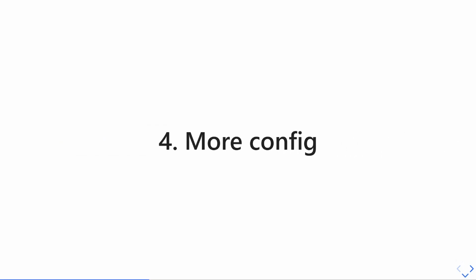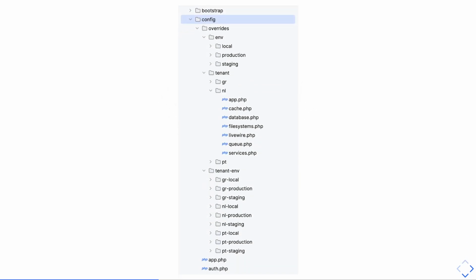Okay, more config things. We've got a base config here where we can define tenants. That's good, but we need to start doing useful things with that. What I would love in an ideal situation is to be able to have config files that are only loaded for a specific tenant. This is actually running in one of our apps.